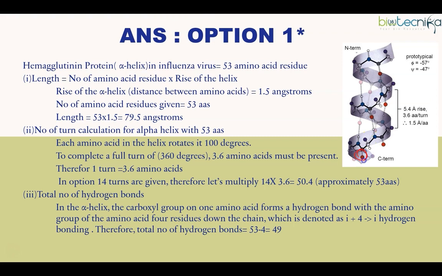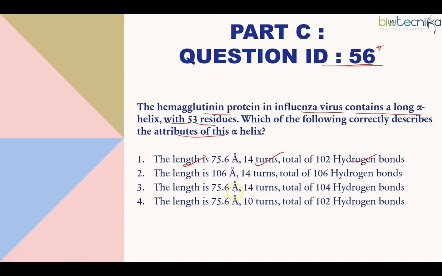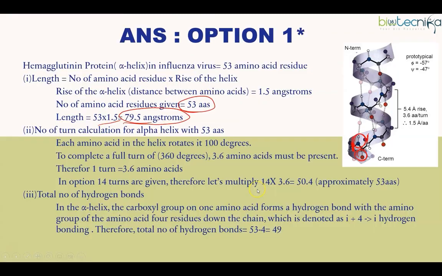That means how many amino acids and how much distance from the next. The number of amino acids is 53 and the rise is 1.5, so the total length will be 79.5 Angstrom. Many of the options are somewhat close, so we can take any of them.